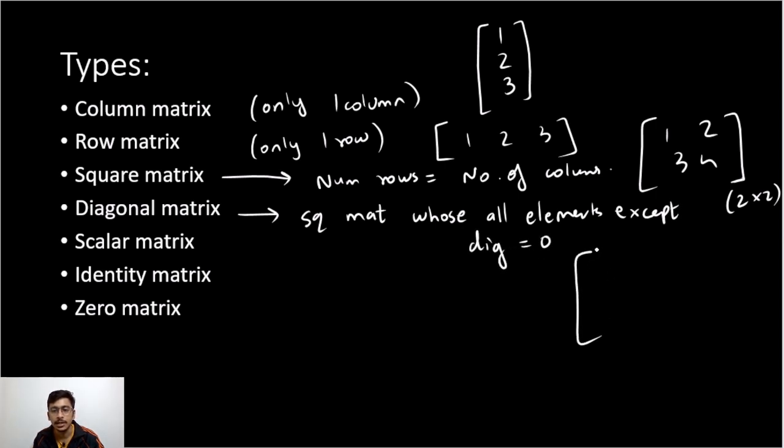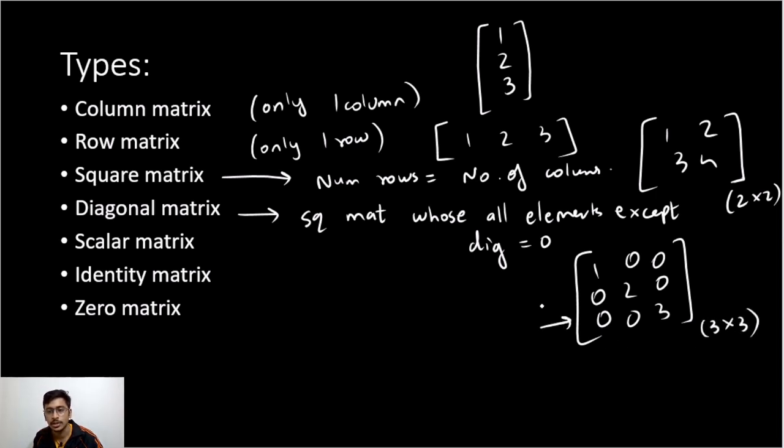So basically I could say 1, 2, 3, but then 0, 0, 0, 0, 0, 0. So this is an example of a diagonal matrix because it has elements only in the diagonal, and it has to be a square matrix. So this is a square matrix of order 3 because it has 3 rows and 3 columns.